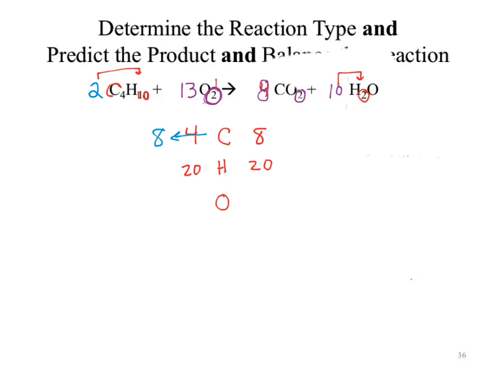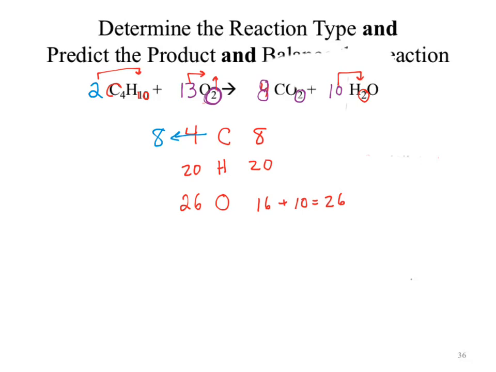There's 2, but I have 13 of those sets. Oxygens on the right. 8 times 2 is 16. 10 times 1 is 10, equals 26. Did it balance? Yeah.